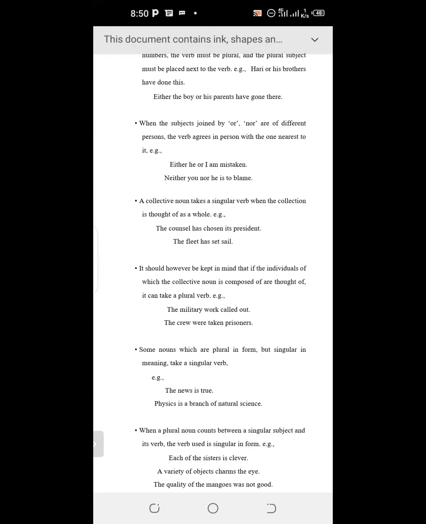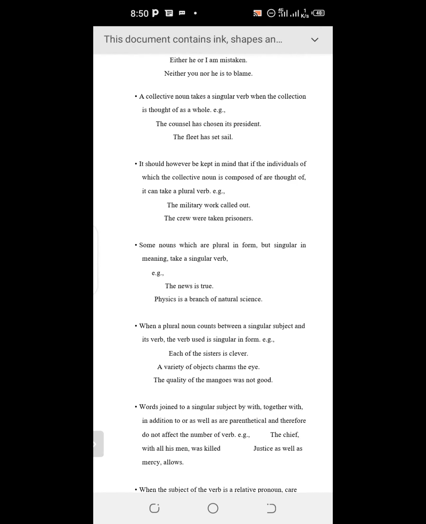So the verb is am. Why is am used? Because of the subject I. Sentence number 2, neither you nor he is to blame. So why is is used? Because of the subject he. So when there is either or, neither nor, in this case, the verb is used according to the second subject. And this is not or, nor. This is either or and neither nor.